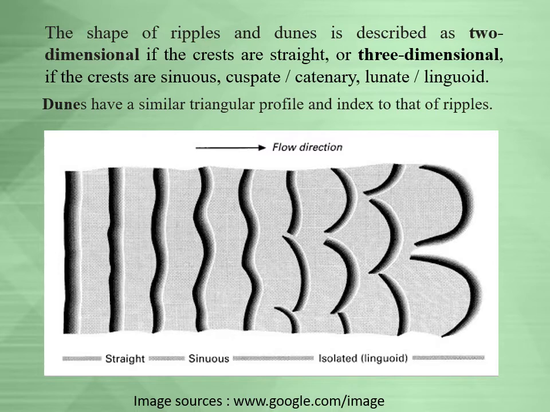Now, depending upon this crest line morphology, ripples are either two-dimensional when the crest lines are straight. That means when these crest lines are straight, we call them two-dimensional ripples or ripple marks. And when the crest lines are sinuous to catenary, cuspate, lunate, or linguoid, we call those ripples three-dimensional ripple marks.